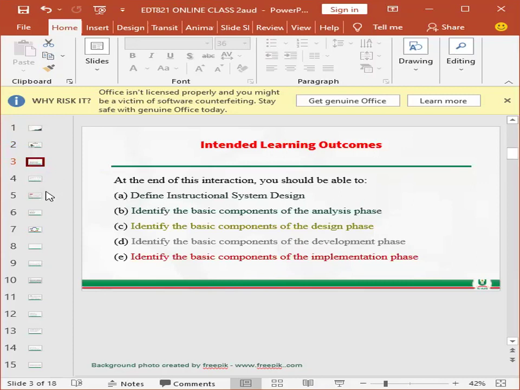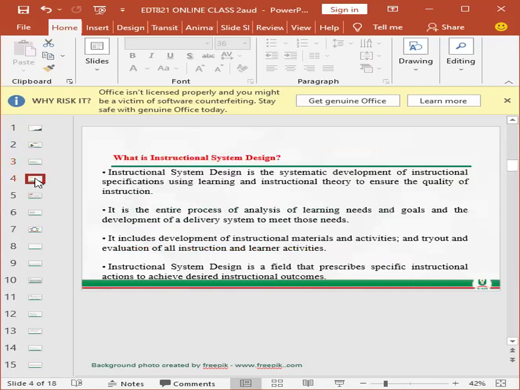So what is instructional systems design? Instructional systems design is the systematic development of instructional specifications using learning and instructional theory to ensure the quality of instruction. So it is the entire process of analysis of learning needs and goals and the development of a delivery system in order to meet those needs.